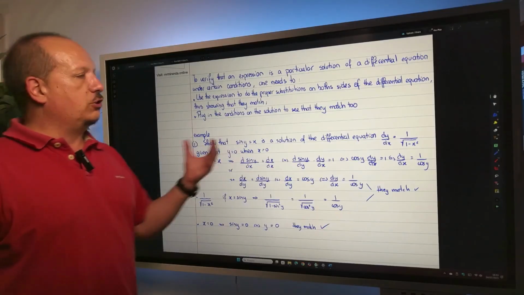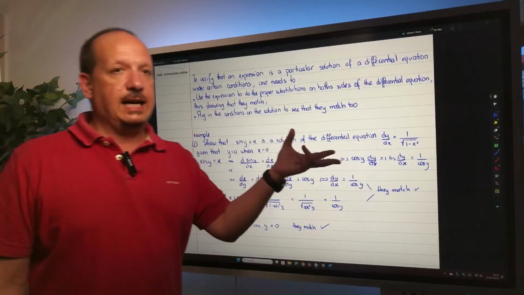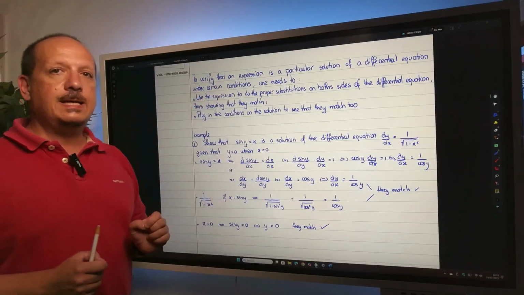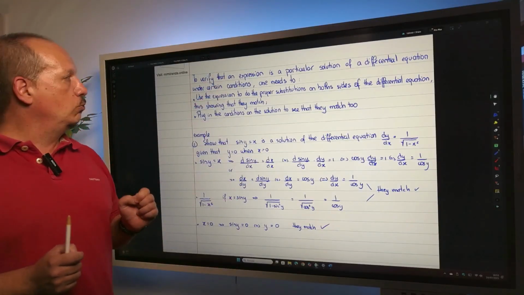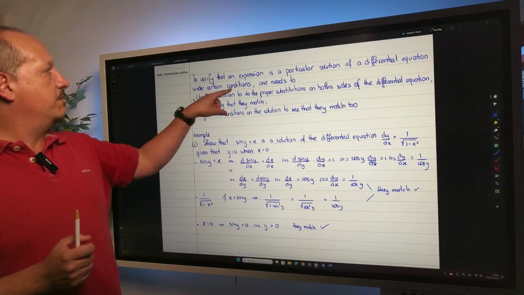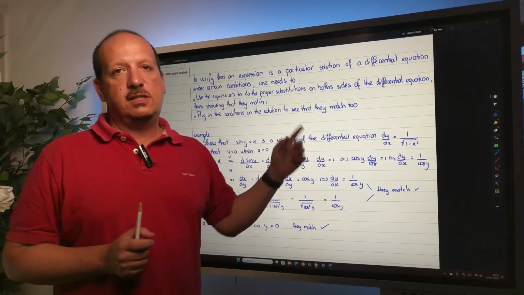And after doing that on one side and getting a result, after doing that on the other side, getting a result, if these two results match, then the expression is a solution. You also need to plug in the conditions on the solution to see that they match too. This is a simple part.